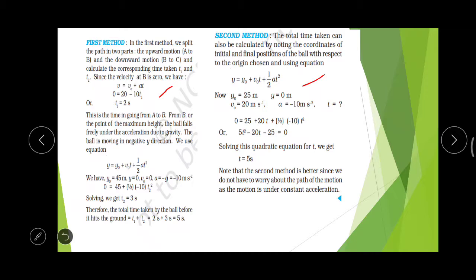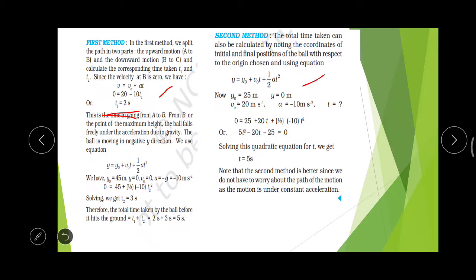Substituting those values, you will get t as 2 seconds. You just do the calculations step by step, then you will understand clearly. You are just applying the values into the equation, rearranging, and finding out the t value. That's all.